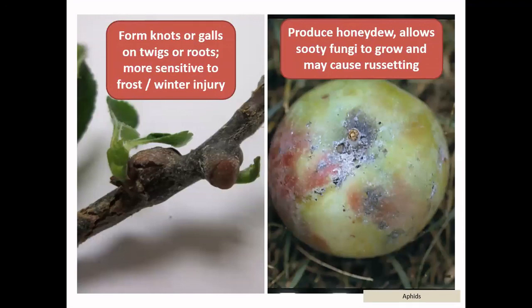So you can have this reduction in vigor either through that shoot growth or through the overall tree health. And with this damage, it can also make the tree much more susceptible to winter injury. Similar to the other aphids, woolly apple aphid also secretes honeydew, so you can get the formation of sooty mold developing where insect feeding has been occurring.